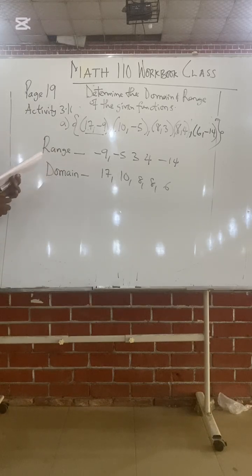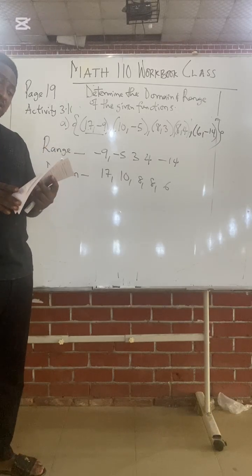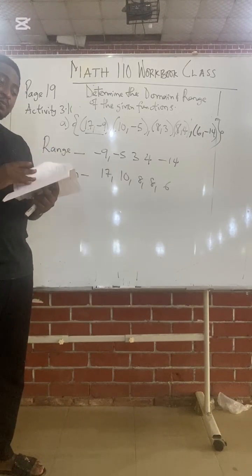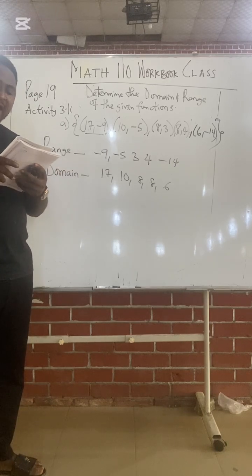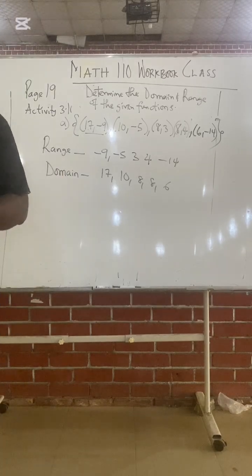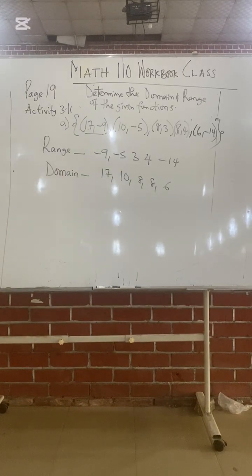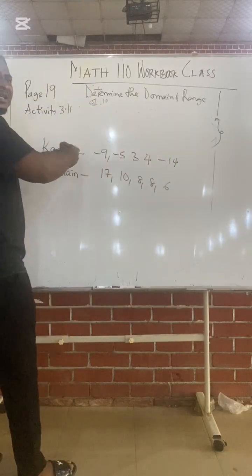Are we to answer B? No, right? So what's the next assignment? Page 23, activity 3.5 A to E. No, now this is simple now.